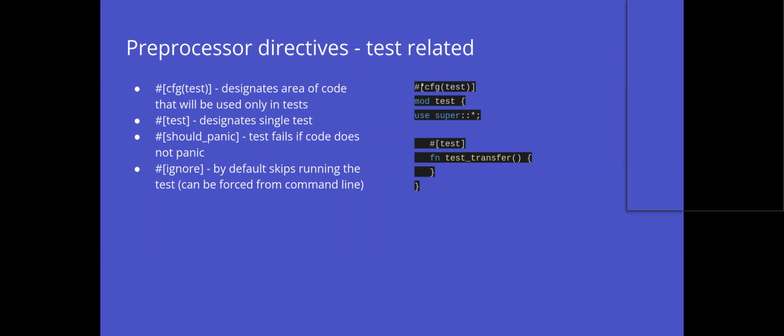But the most important for now is that the first line will cause our test code only to be included in the output when we're actually testing. So if you deploy the whole code later to the IC, all the code for tests will not be included. So we can make them as big and as extensive as we would like to, and it will not influence the size of the output code.